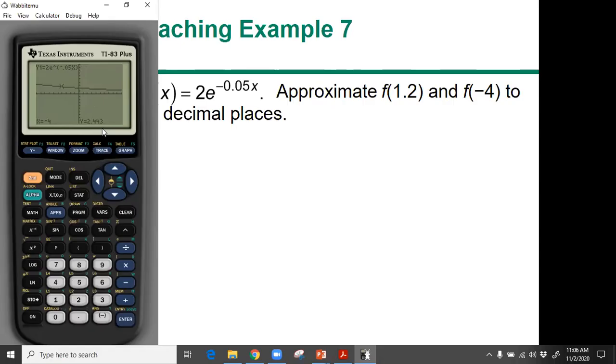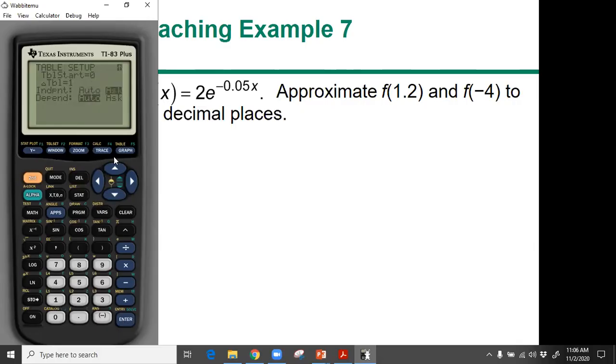I'm not going to write out the steps for the calculator. I feel like you also can do this without these little tricks, but can't say I didn't show it to you, okay? The other option is to use the table. If you choose to do by table, you have to change your table settings, and you go to the table setting and you switch it from auto to ask.